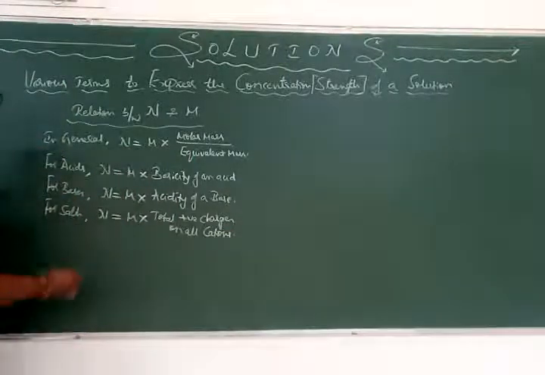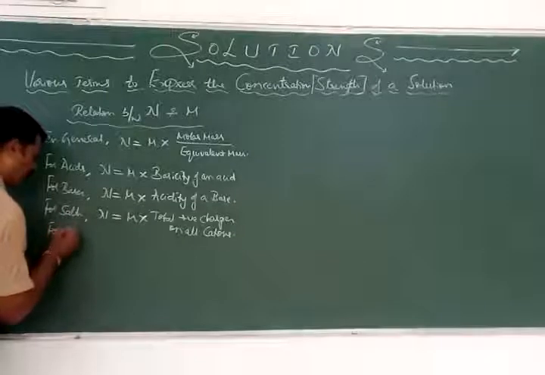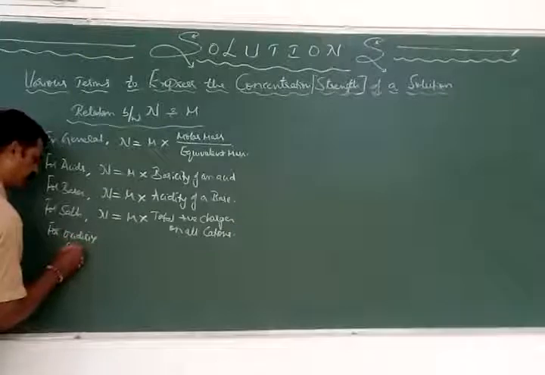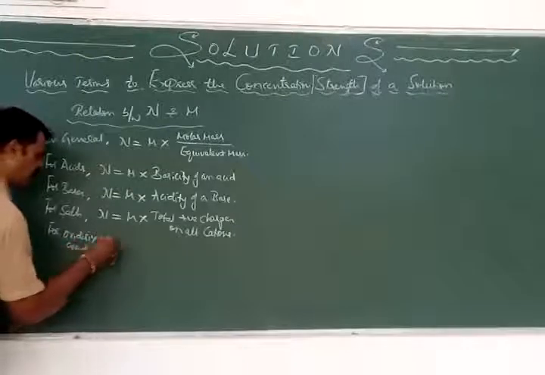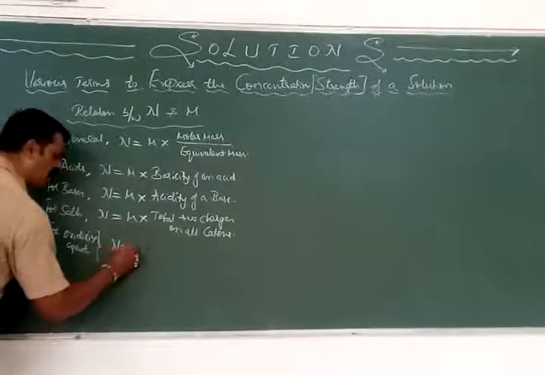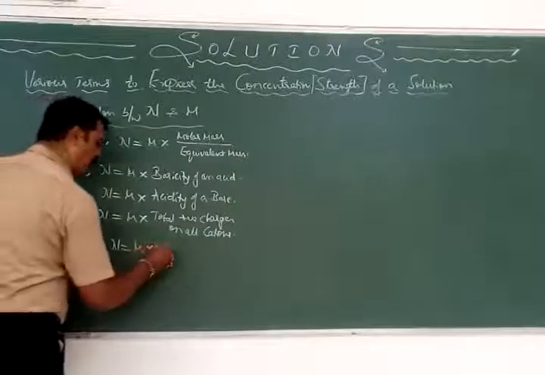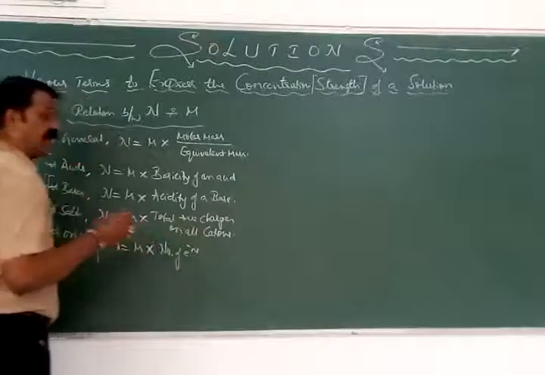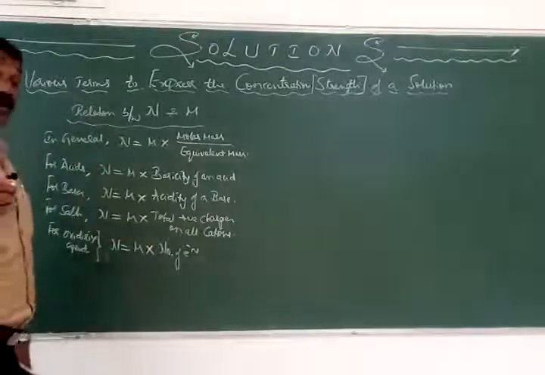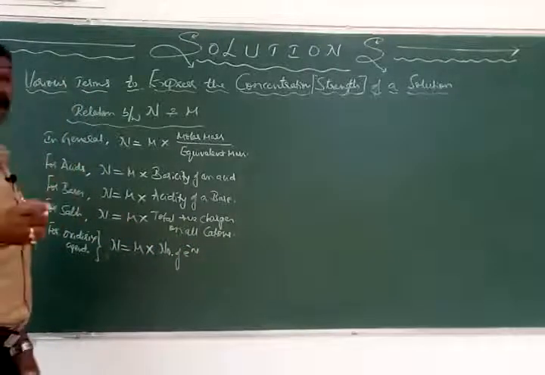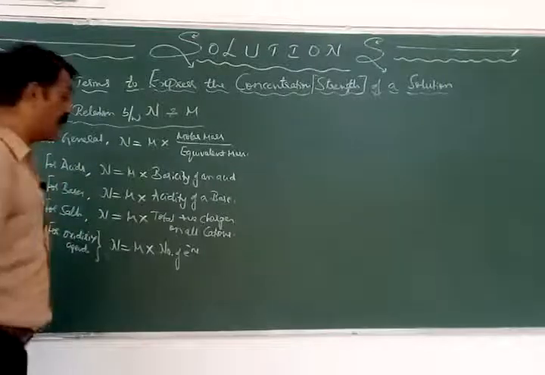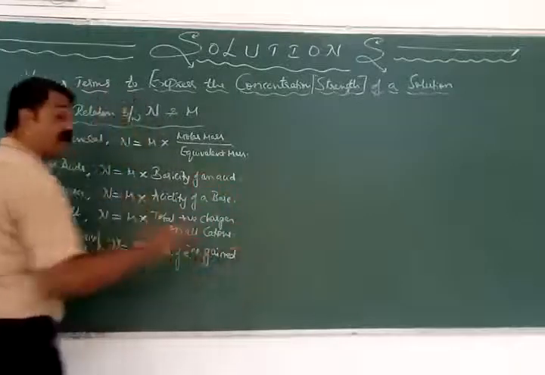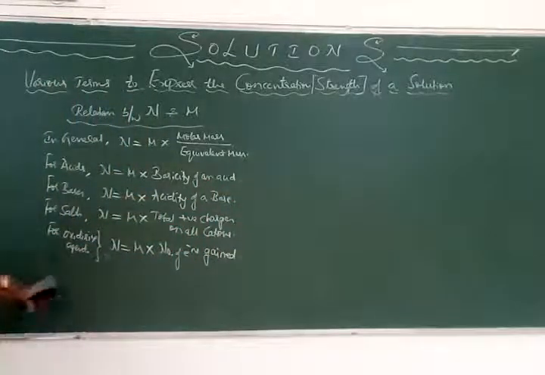With respect to oxidizing agents, normality is equal to molarity into the number of electrons gained. Oxidation means loss of electrons, so the oxidizing agent has to get reduced, and reduction takes place with the number of electrons gained, or indirectly the change in oxidation state.